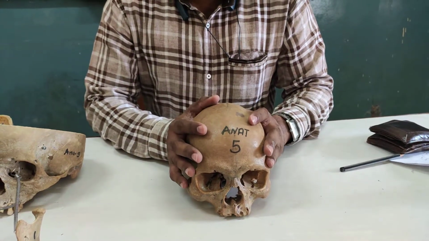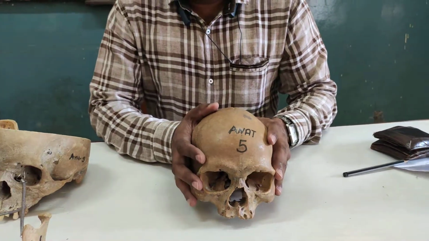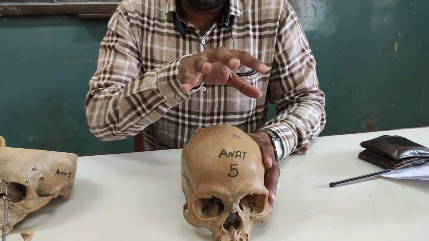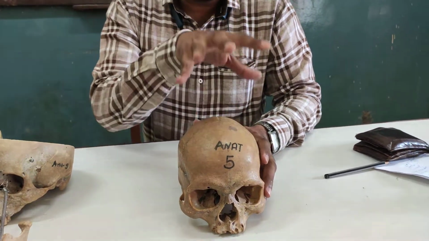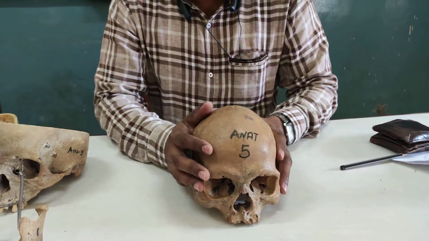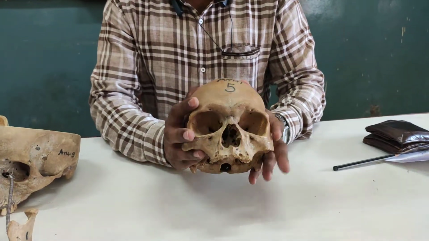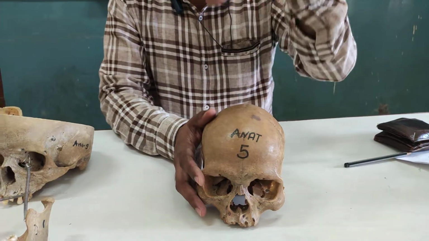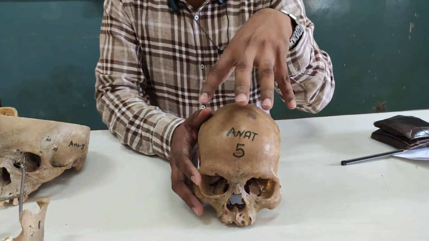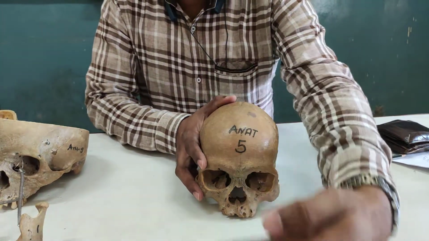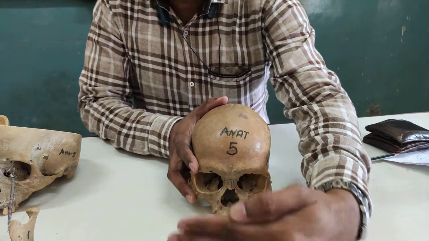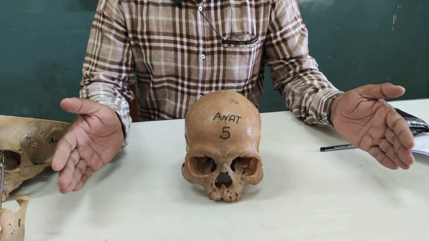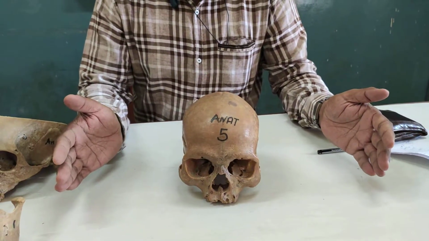There are many bones in the facial skeleton. We can study the skull by looking at it from its superior aspect, which is known as Norma Verticalis. From the front side, it is known as Norma Frontalis. From the lateral side, Norma Lateralis.